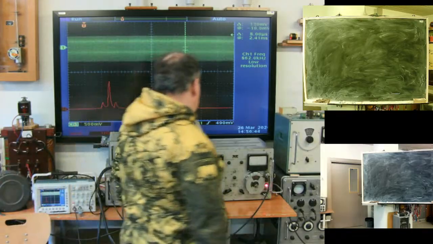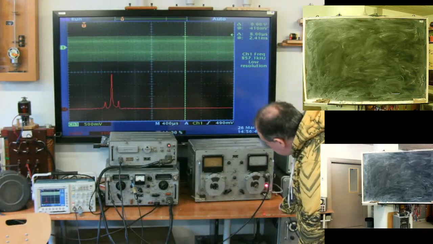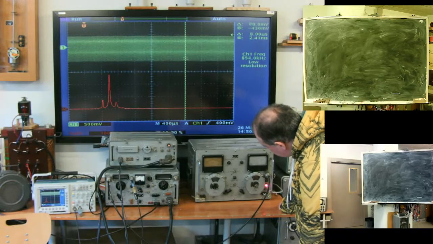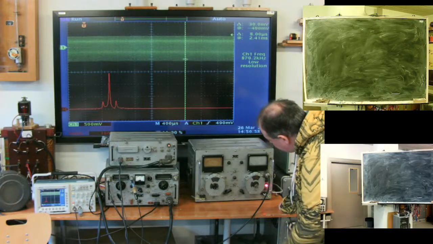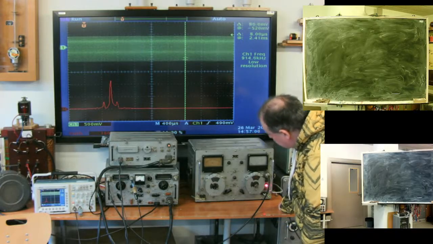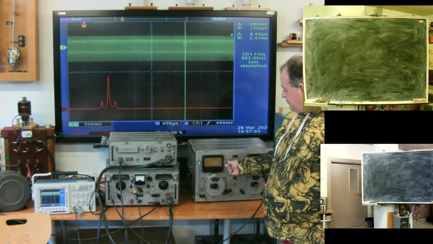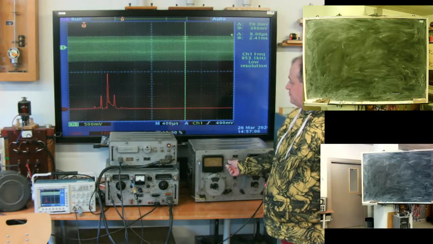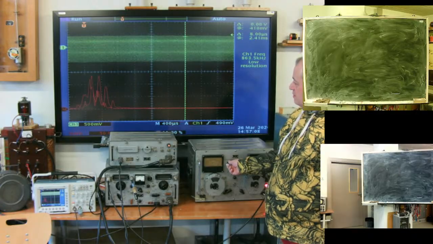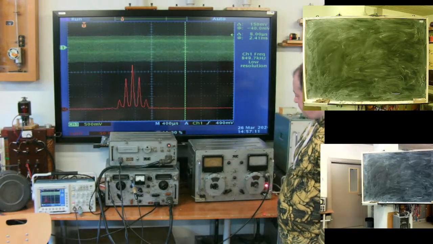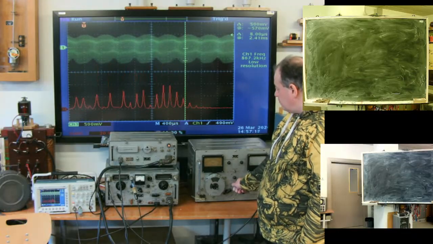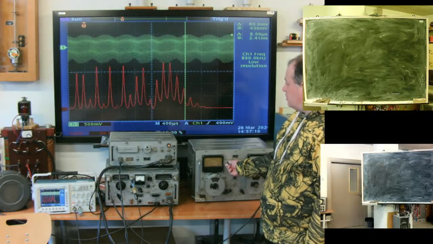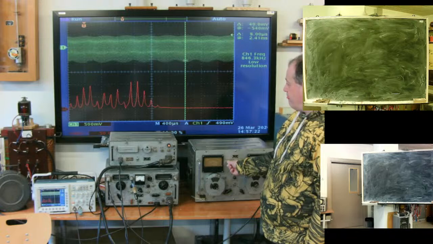At this moment, frequency deviation is something like 5 kilohertz. I will increase frequency deviation, 15 kilohertz. Oh, sorry, too fast.